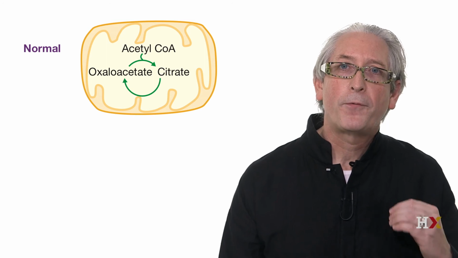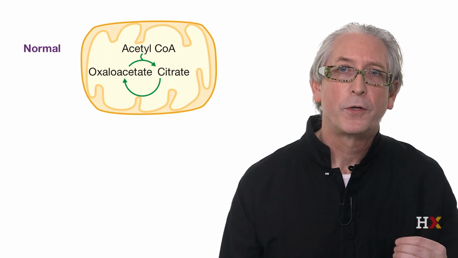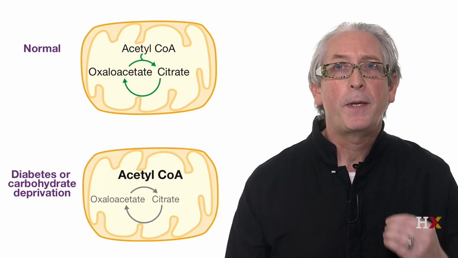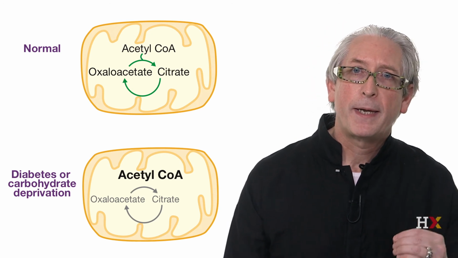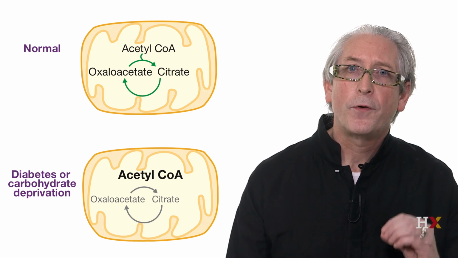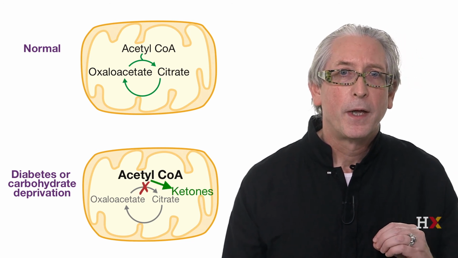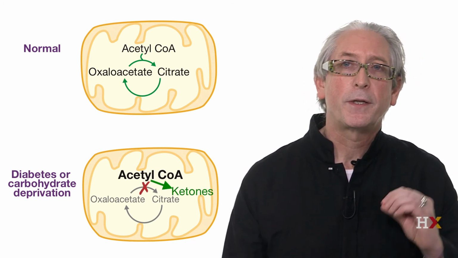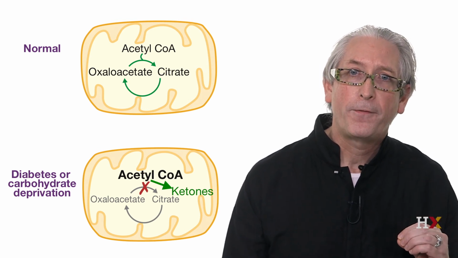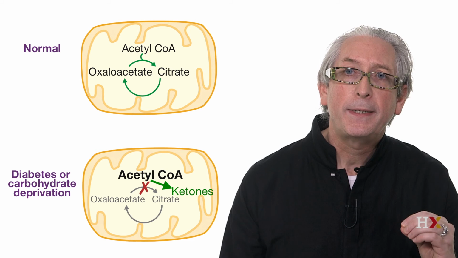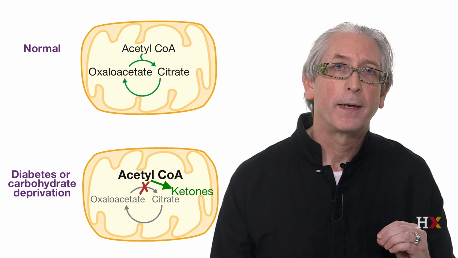If the supply of oxaloacetate is low, during starvation or in people suffering from diabetes, the acetyl coenzyme A accumulates and is converted to ketone bodies. The presence of ketone bodies is an indicator of an active breakdown of fat and a depleted carbohydrate supply.